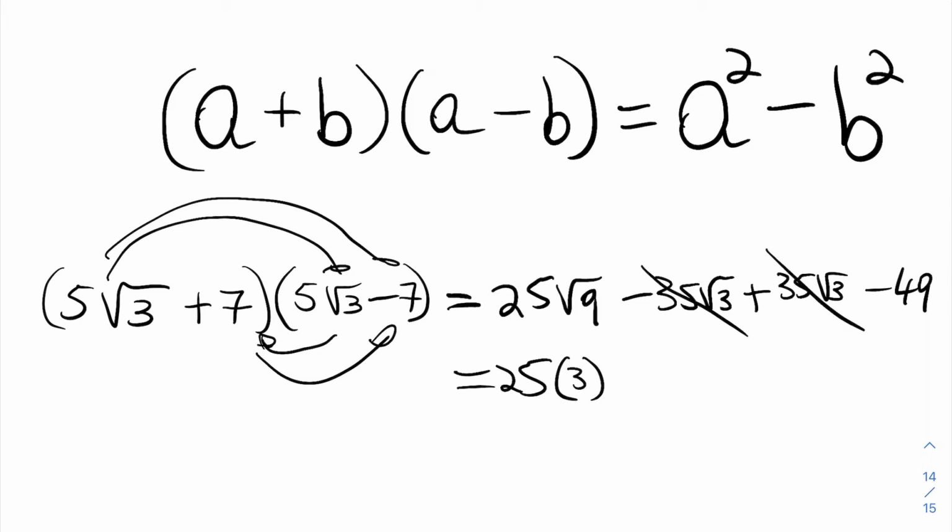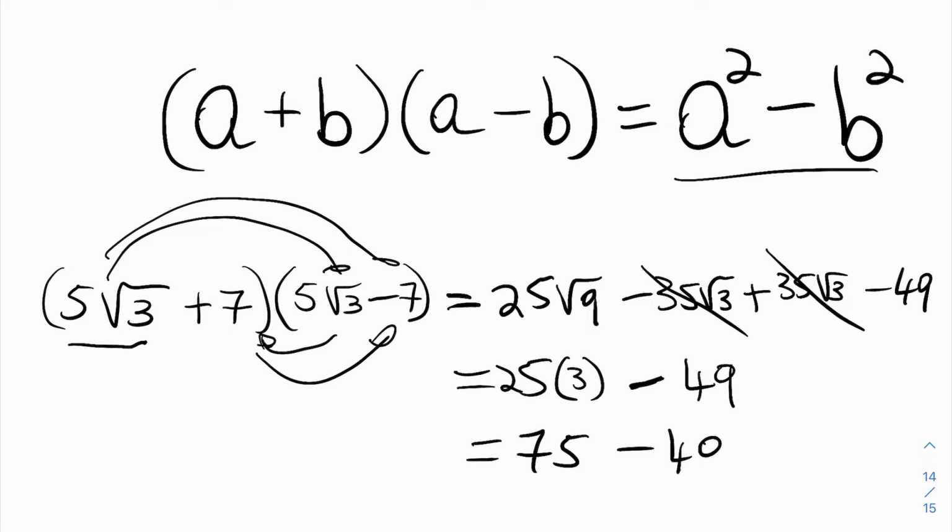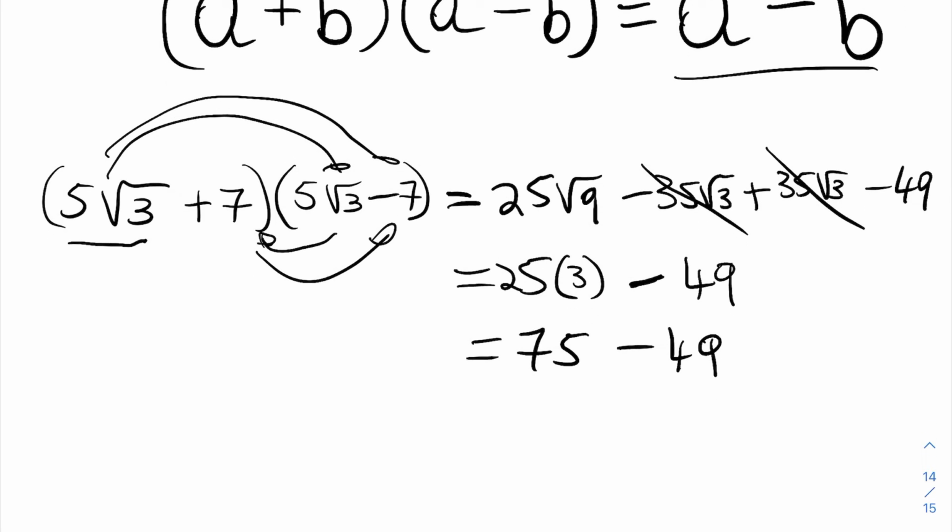Those cancel out, which is why we only got the binomial that was a difference of these two squares, minus 49. Which squares? The square of 5 square roots of 3, which is 75, and the square of 7, which is 49. So the final answer then is just the rational number. What's this going to be? 26. So 26 is what that product equals, which is a rational number.